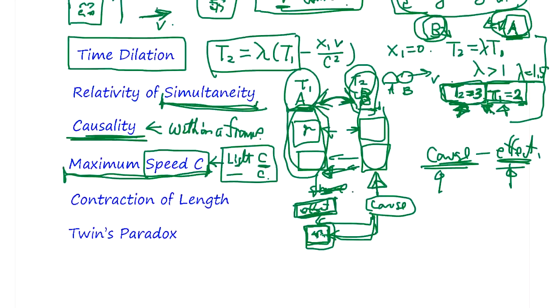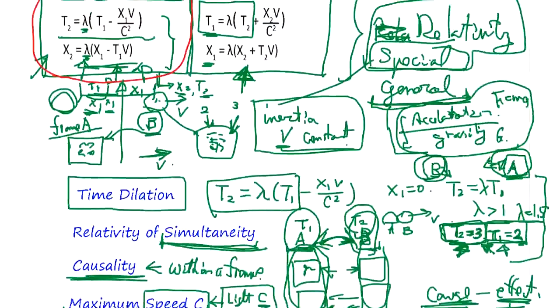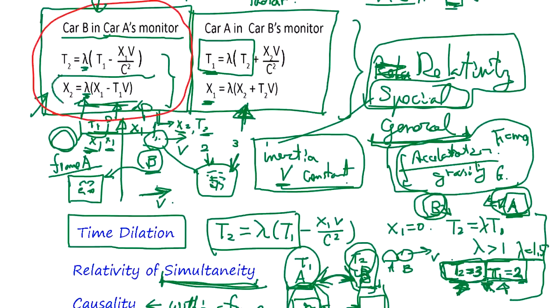Okay, and contraction of length. Go back to the basic equation here. One meter of length in frame A is going to be shortened, and lambda is larger than 1. On the monitor it doesn't look like 1 meter, it's a little bit shorter.